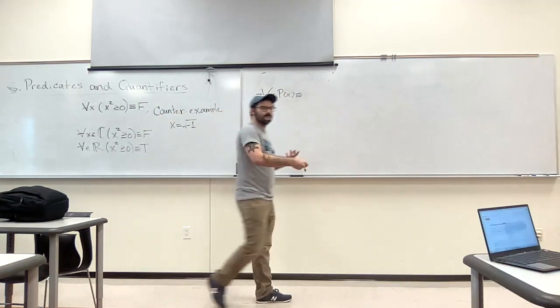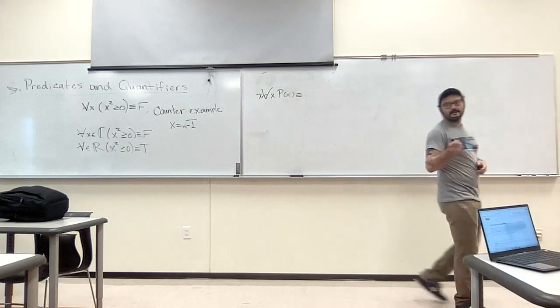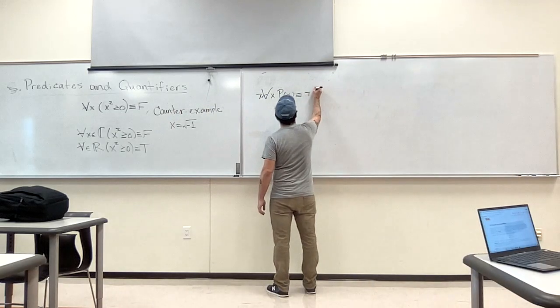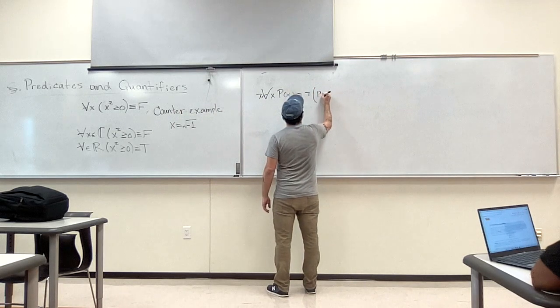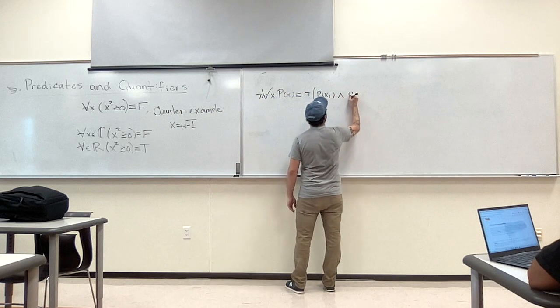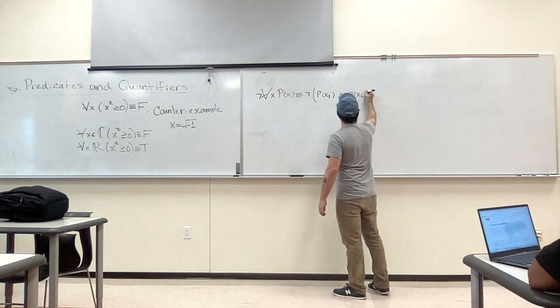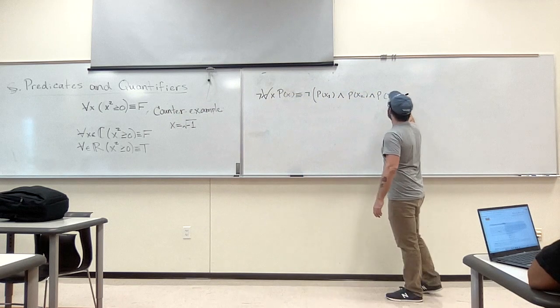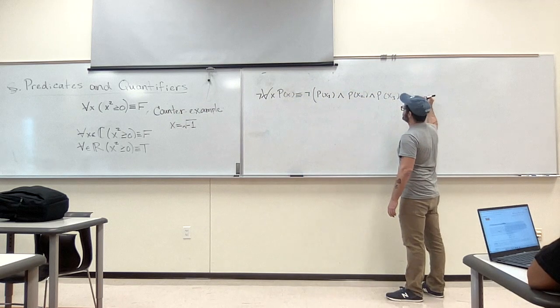What operation does it do a bunch of times? And, right? So let's write it out. So this is the same thing as saying not p of x1 and p of x2 and p of x3 and so on.